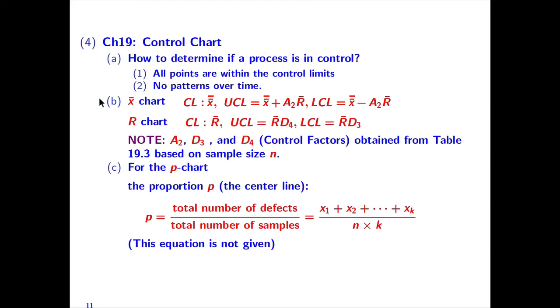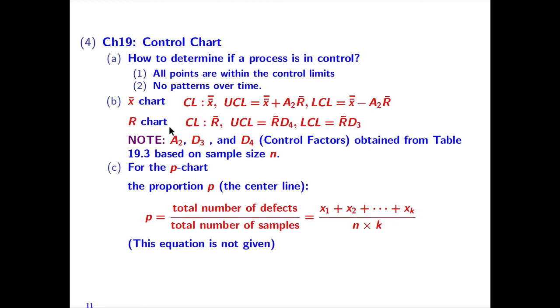B. To find the upper control limit and lower control limit for the X-bar chart or R chart, we need to use this equation. UCL is equal to X bar bar plus A2 times R bar. LCL is equal to X bar bar minus A2 times R bar.